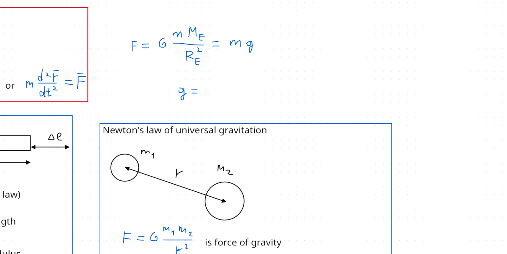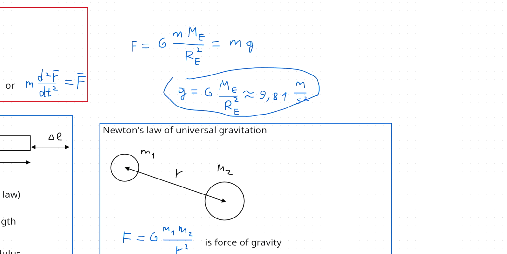According to the formula above, it is equal to G ME divided by RE to the power of 2, and it is approximately equal to 9.81 meters per second to the power of 2. This is acceleration of free fall.